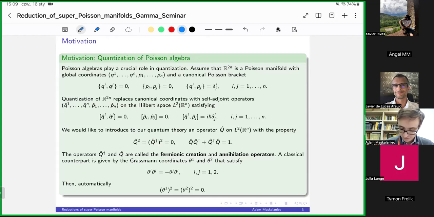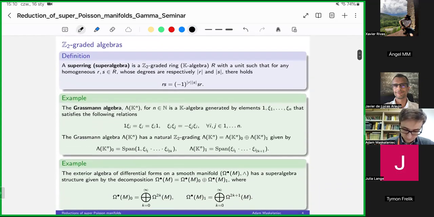Could you, for example, use different fermionic creation and annihilation operators than this one? Possibly, yes, but I didn't read about this quantum mechanical side very much, because I'm going to present the classical theory. But I know there are different quantizations. Yes, the canonical is only the name, because it's not canonical in any way. Okay. Thinking from the mathematical point of view. Okay, thank you.